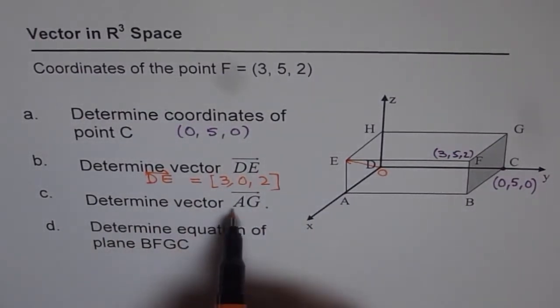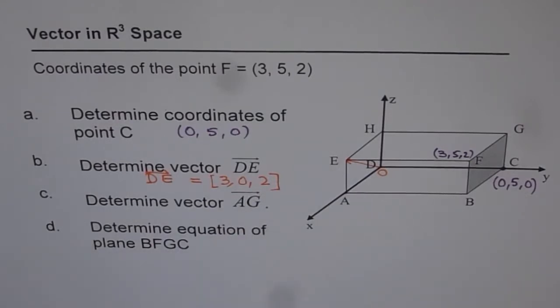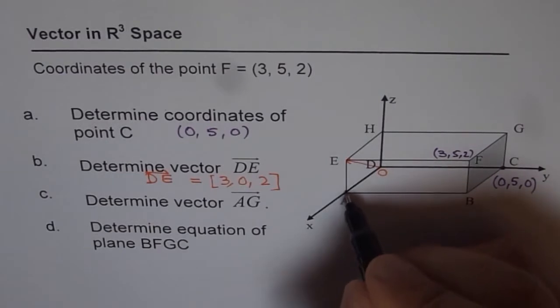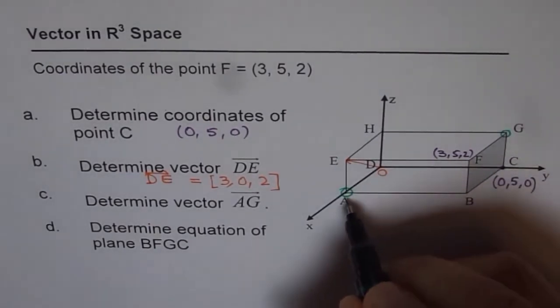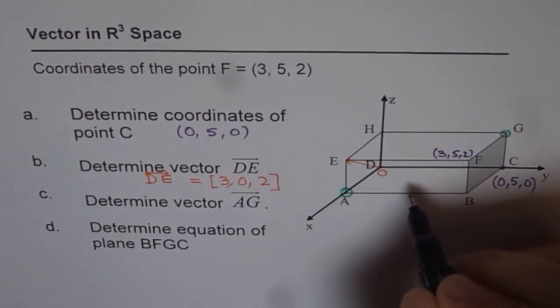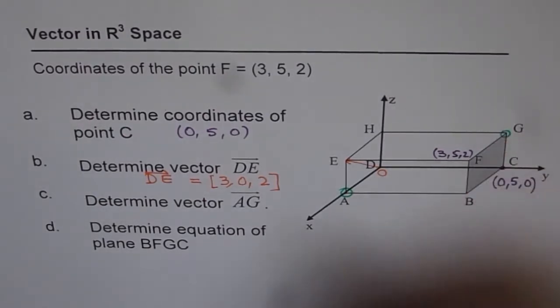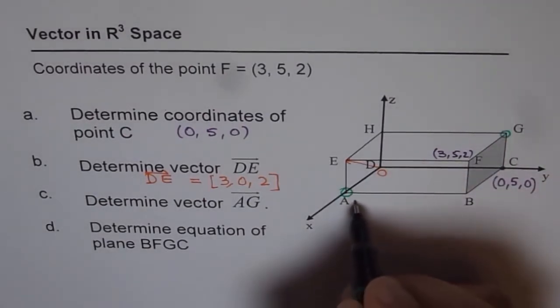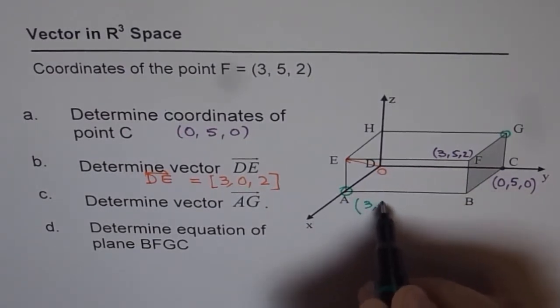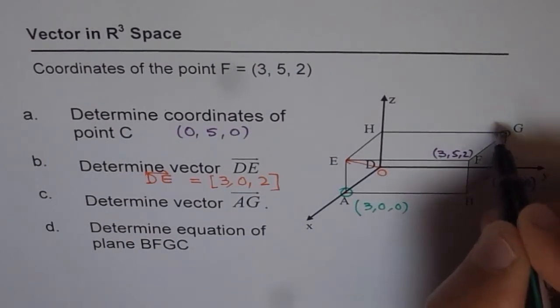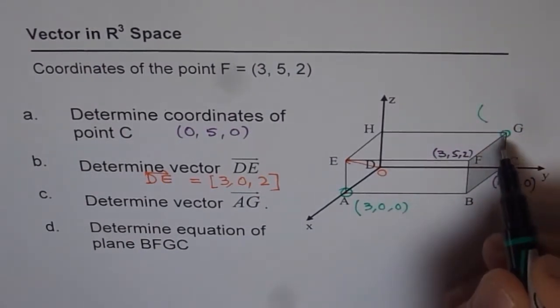Determine the vector AG. Now AG means from A to G, right? So that is the point A for us, and this is G. Now let's first figure out what these two coordinates are, and then we'll find AG. Coordinates for A are, along x it is 3 units. That's it. And for G, how are we going to reach it?